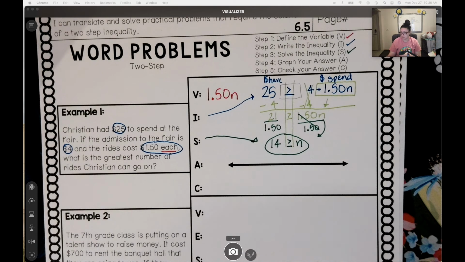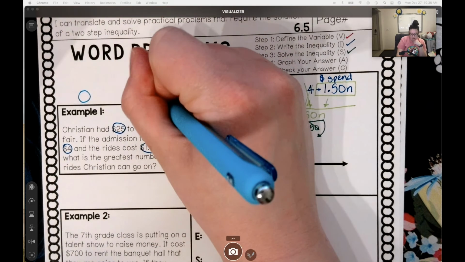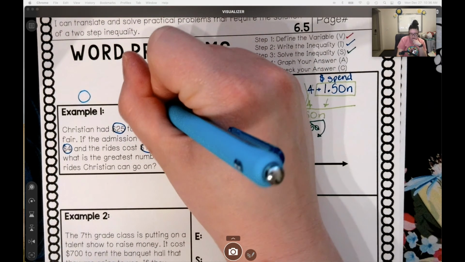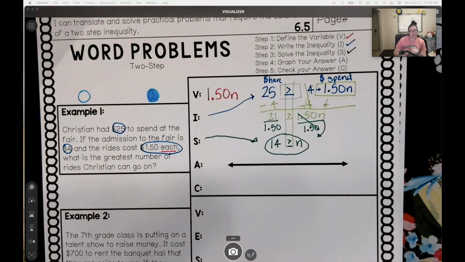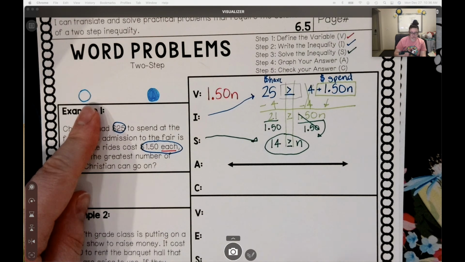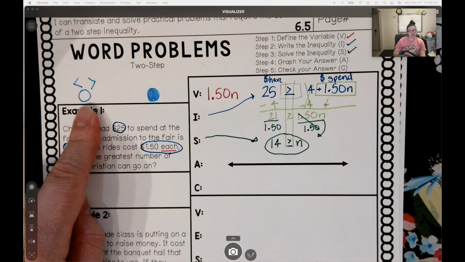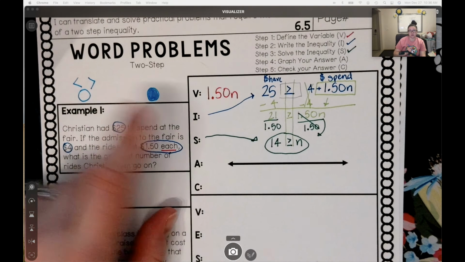We need to go through and graph our answer. So we had an open circle sometimes when we graph and a closed circle sometimes when we graph. When do I have an open circle? Less than and greater than. The regular sign's just an open plain circle.